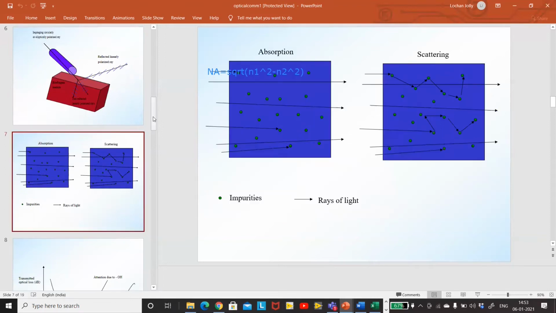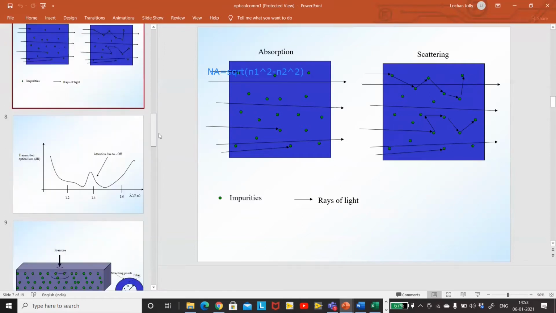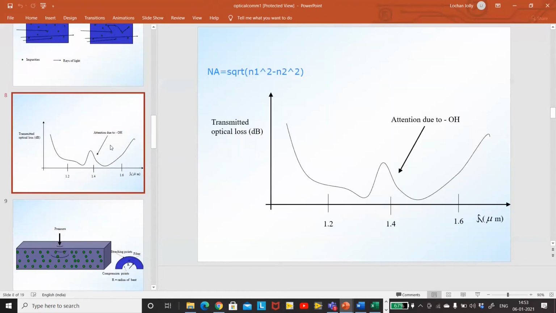Then we talked about the reasons for signal attenuation or losses in your fiber. One is absorption, then scattering, and we also saw what could be the best wavelength for signal transmission, that is around 1330 and 1550.